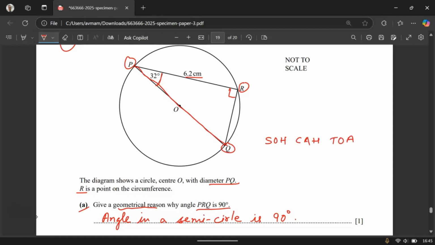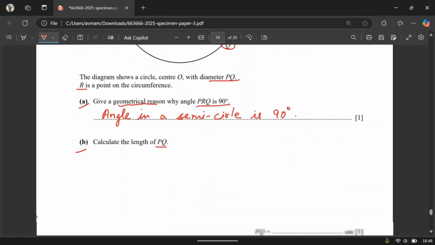So when we have adjacent and hypotenuse, we will use the cosine function, because from this angle's point of view, this 6.2 is the adjacent side, and the side opposite to the right angle is the hypotenuse.